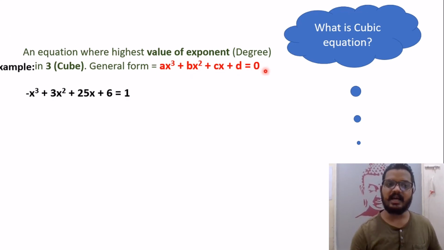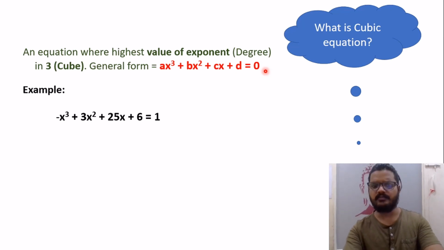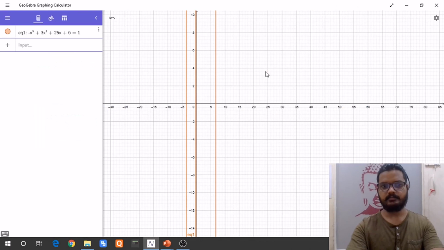Let's take an example very quickly. As you can see, the example is quite big: x cube plus 3x square and so on. So let's not waste time and see how this looks on a graph. Let's plot this on a graph. When you type it down over here and plot it, what do we observe? Basically it's curved lines, and it's so big that you can't see it on the screen. But what do we observe?